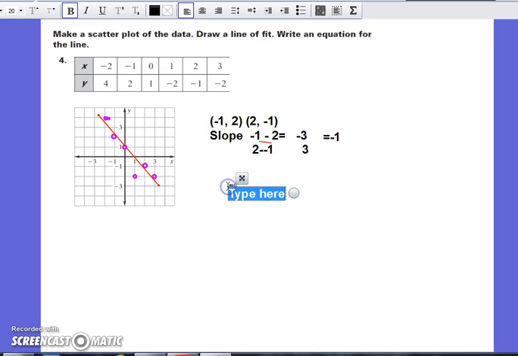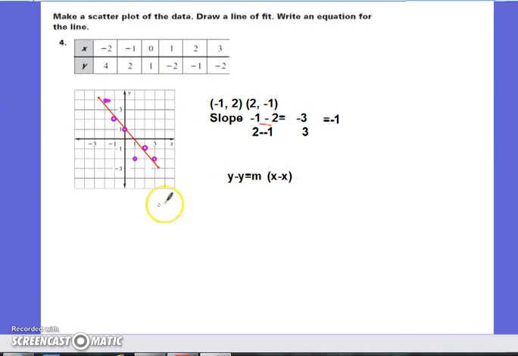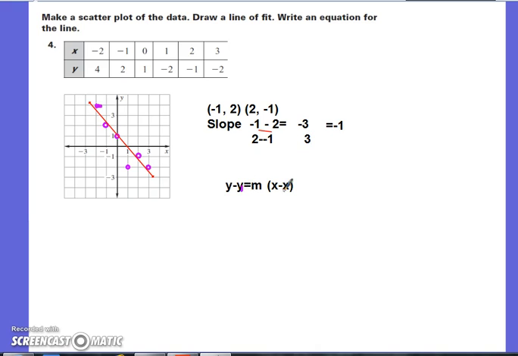So then you say y minus y sub 1 equals m times x minus x sub 1, and you fill in. Now remember, this has a 1 by it, and this has a 1 by it. So you're going to use your first point.